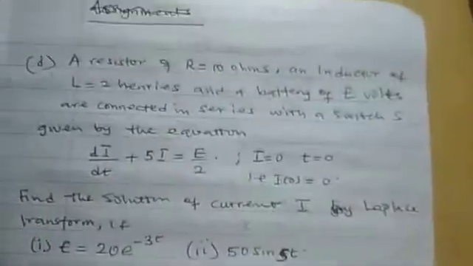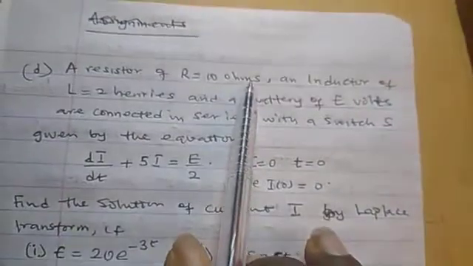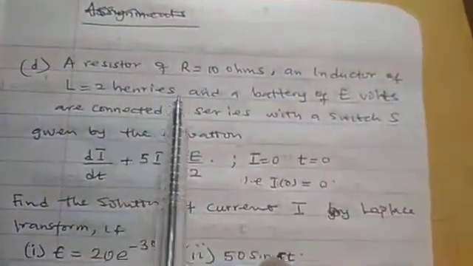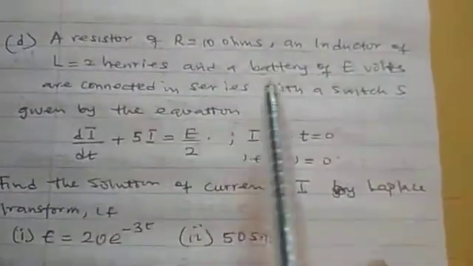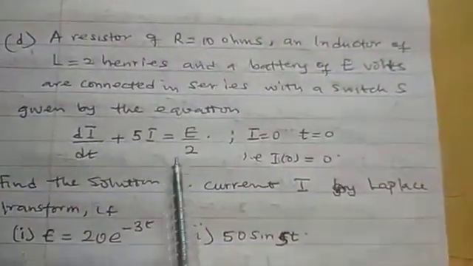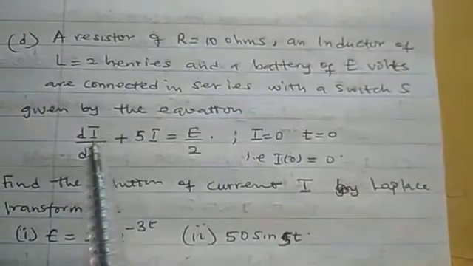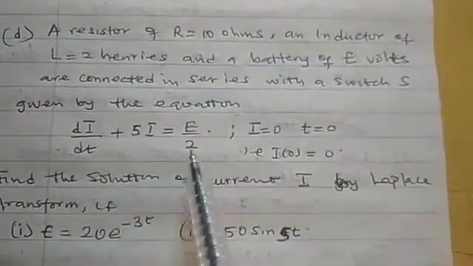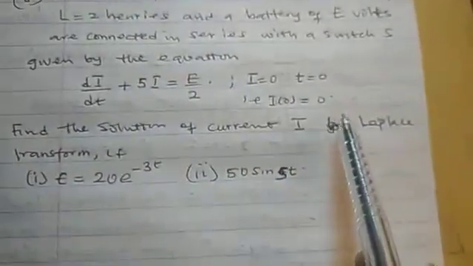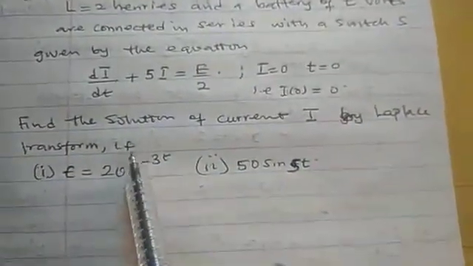Another one here, we have a resistor of 10 ohms, an inductor of 2 Henrys, and a battery of E volts connected in series with switch S, given by this. It has been computed in this differential equation. So find the solution by Laplace transform.